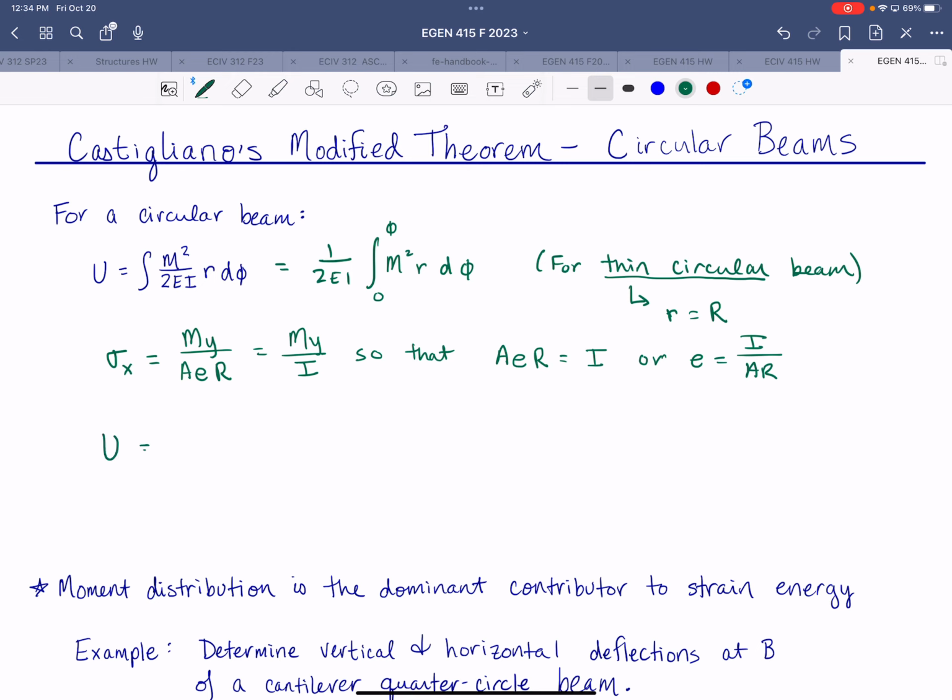So then our strain energy is the integral from 0 to phi of M squared over 2AE lowercase e d phi, which we can rewrite as the integral of M squared over 2EI times capital R d phi.